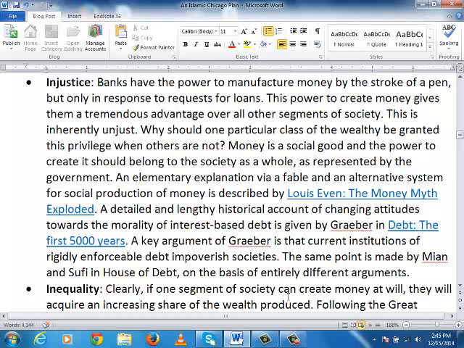If I have a printing machine where I can print, and anybody who wants to borrow, I can say, okay, I can own the whole nation, I can buy everything. So this is very unfair, that some people should have the power and some people should not. And actually the correct thing is that only the government can have such a dangerous power, and the private sector should not.